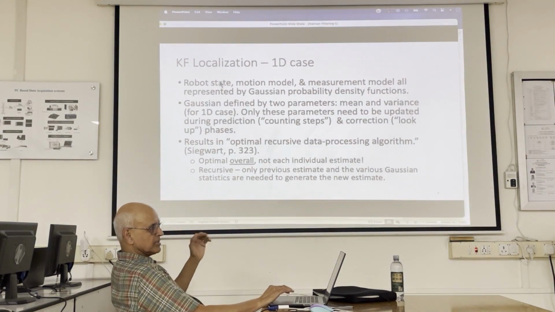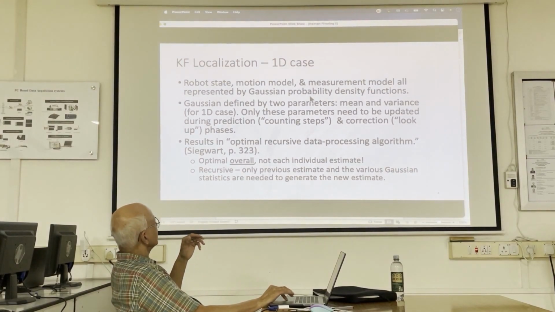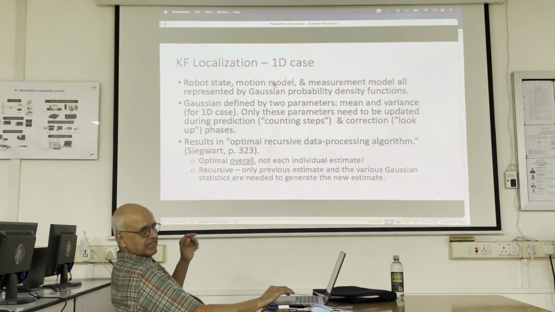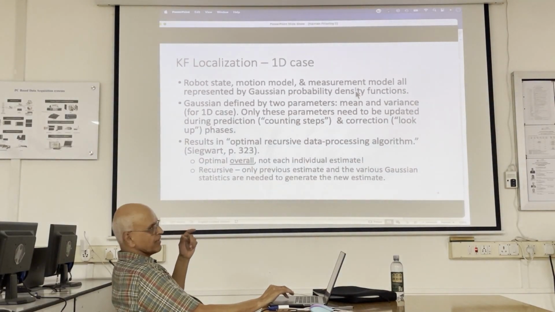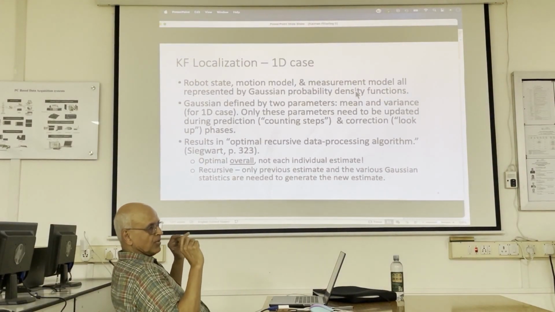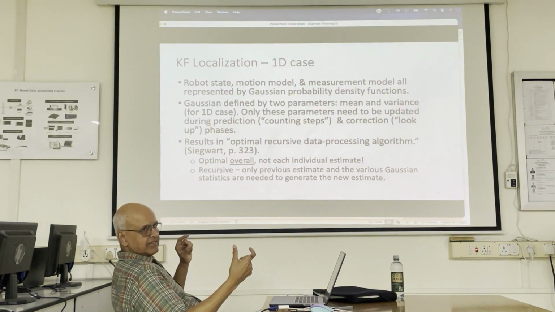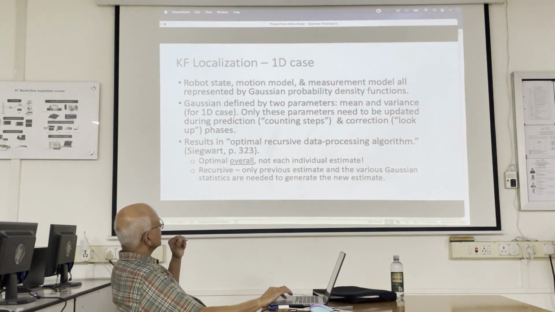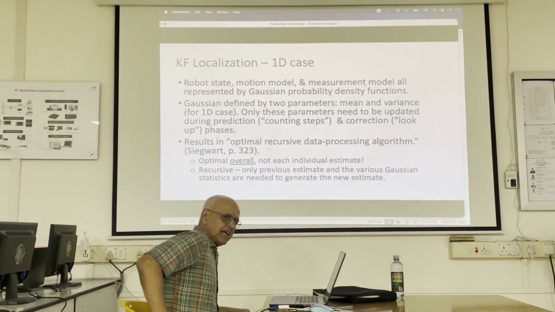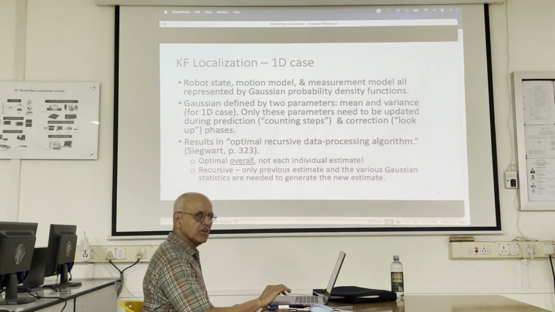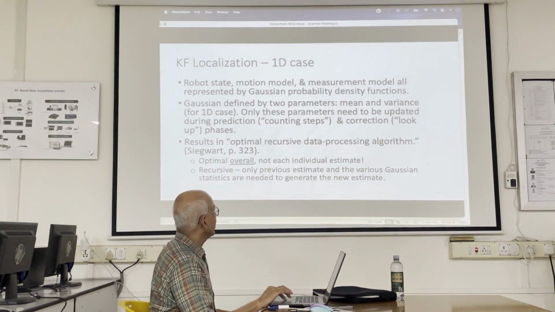In our case, 1-dimensional position will be modeled by a Gaussian. The motion model, the step counting, and the uncertainty in it is going to be modeled by a Gaussian function also. And finally, the measurement model, the fact that a measurement is not precise, that uncertainty is going to be modeled by a Gaussian.